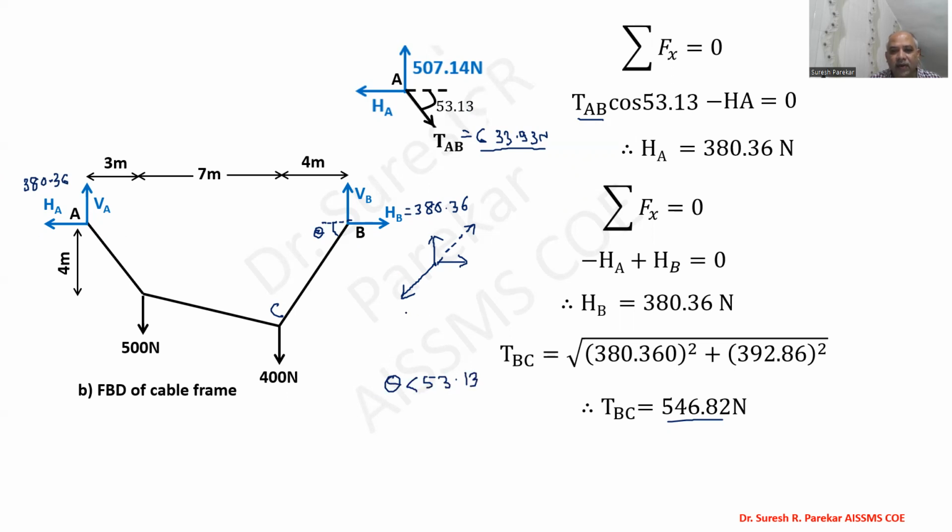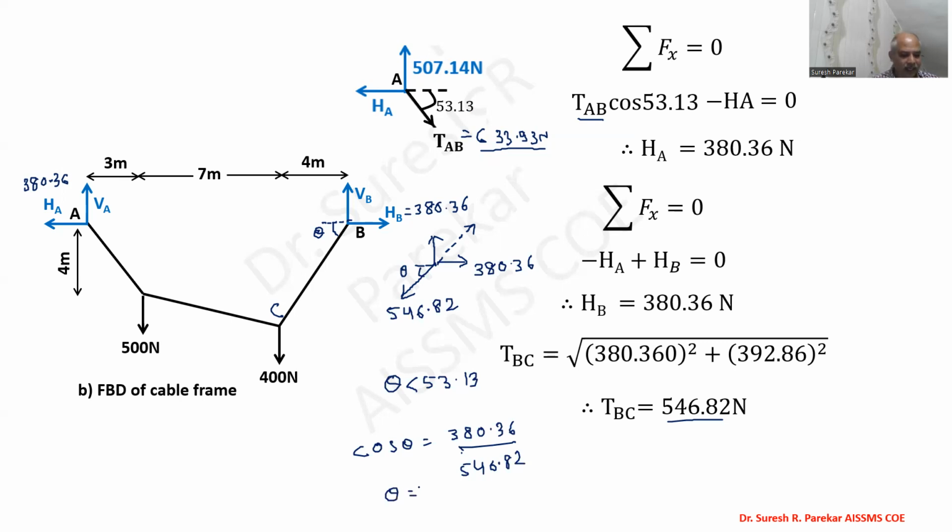You can check it now. This will be 546.82 and HA we have 380.36, and this angle we have theta. So if I write cos theta, that is equal to 380.36 divided by 546.82.